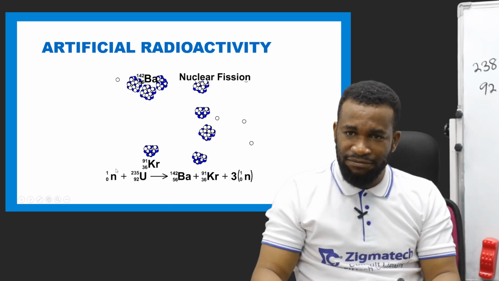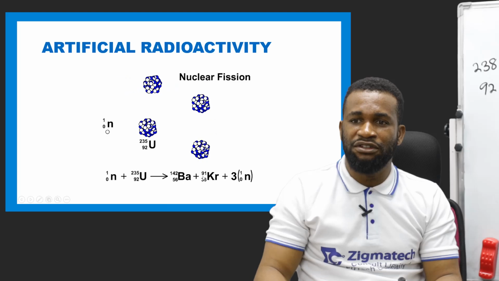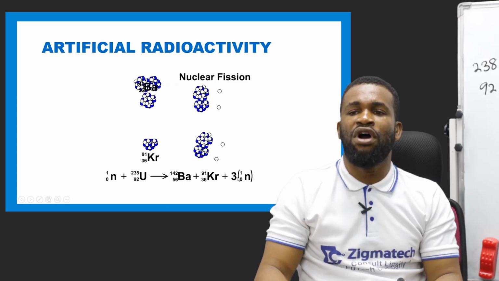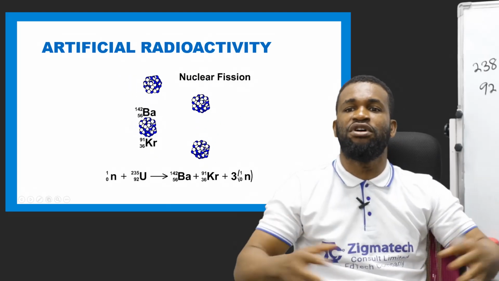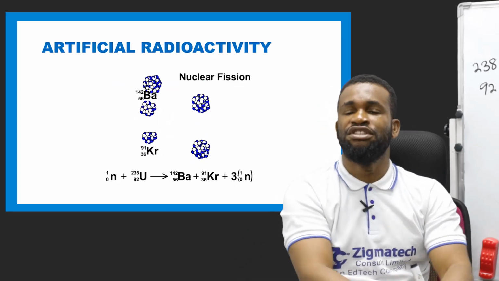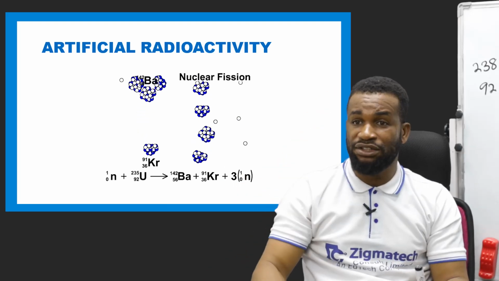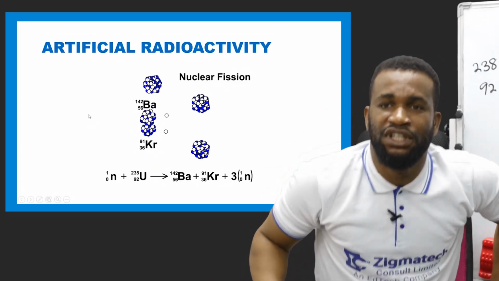Now looking at this, this one hits 235, produces barium, krypton, and 3 more neutrons are produced. And the more they are produced and the more they hit other elements, they keep generating. Like I said before, this is what gave birth to the atomic bombing that we are talking about.